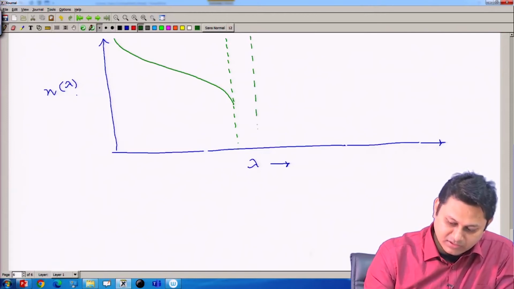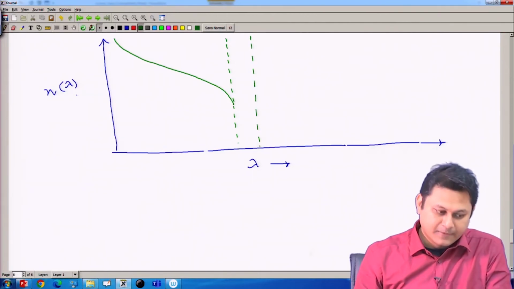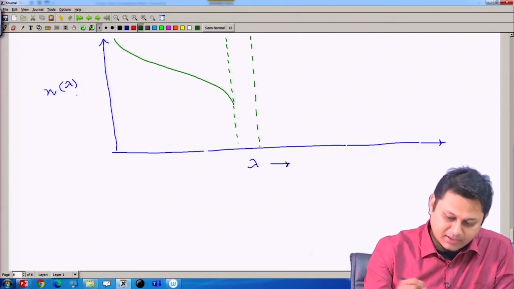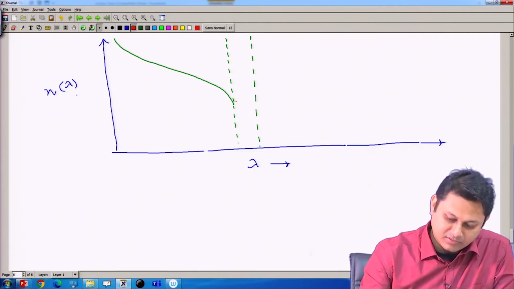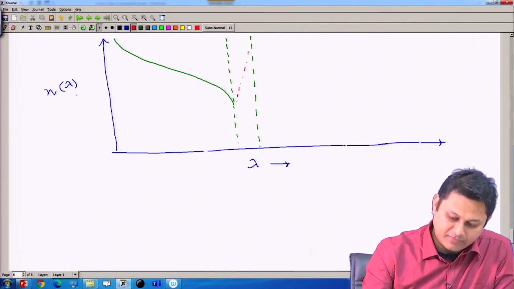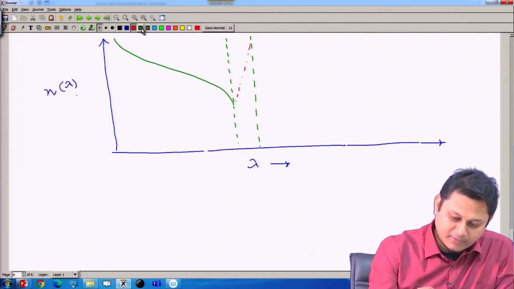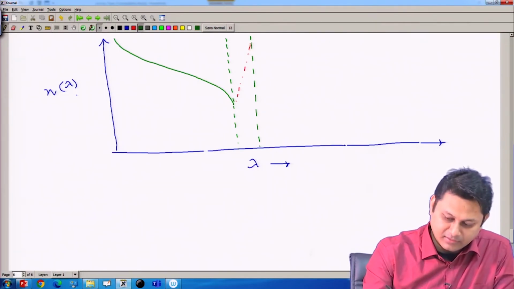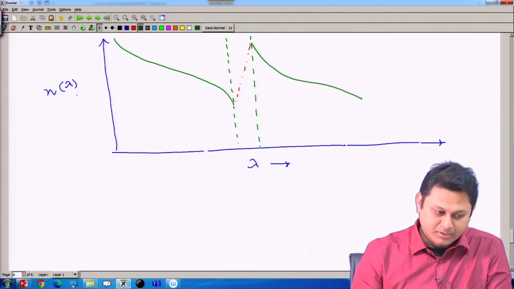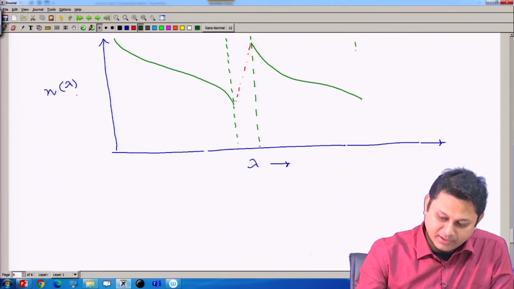This is a region where we have an absorption band, and then there is a change of refractive index, and then suddenly again it falls like this, and we have another resonance wavelength falling here somewhere.